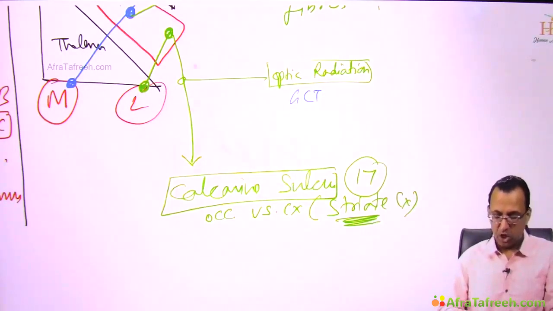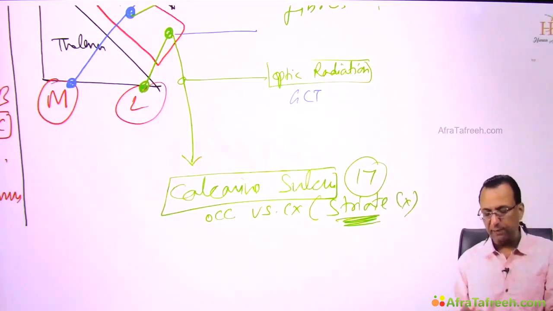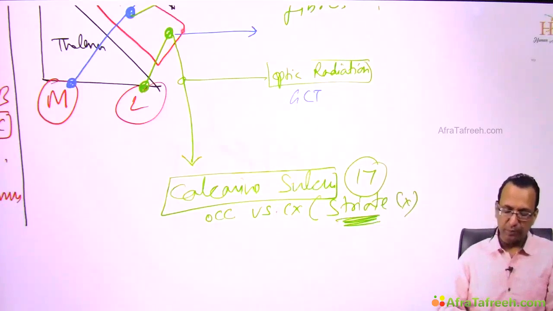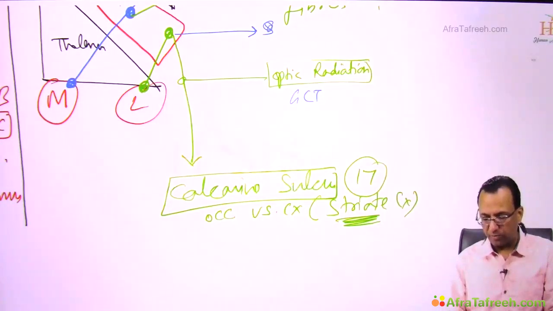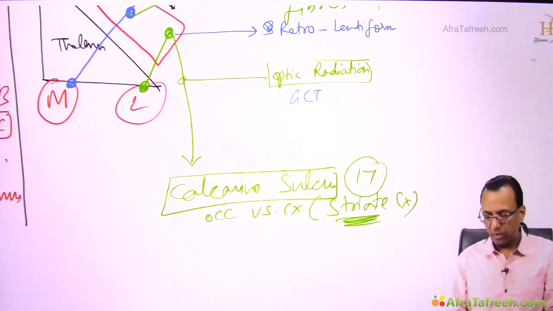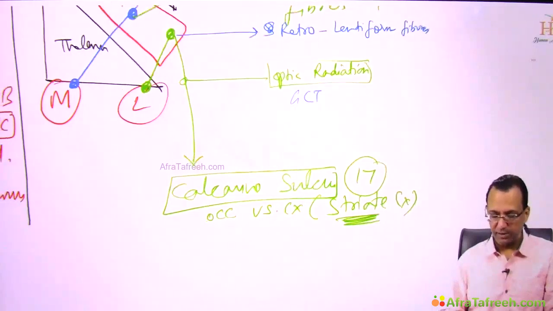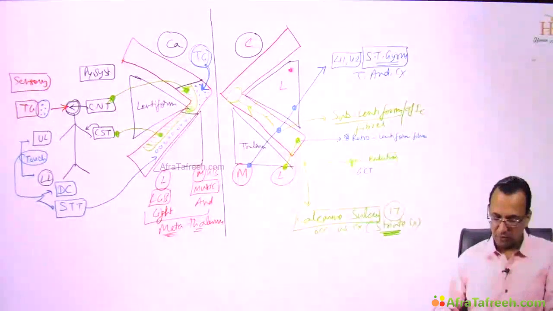Do you remember which part of the internal capsule it is using? The posterior part, but which part exactly? Behind the lentiform, meaning the retrolentiform fibers of the internal capsule. Why retrolentiform?